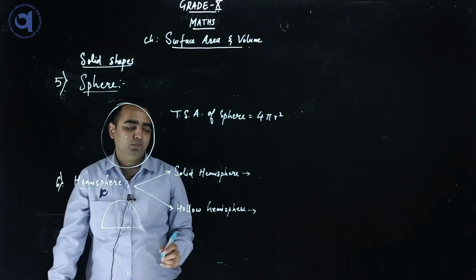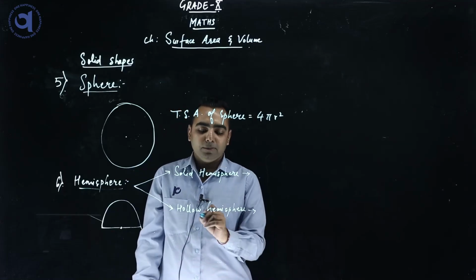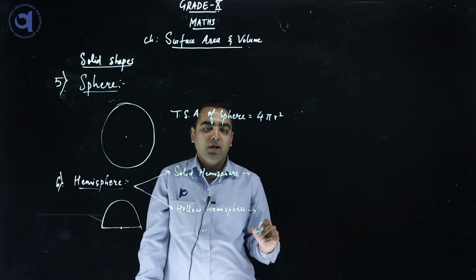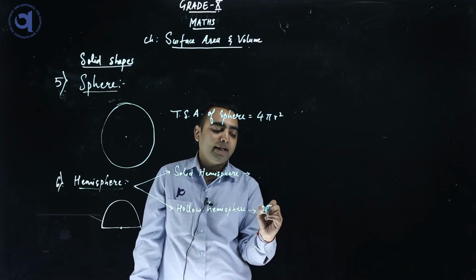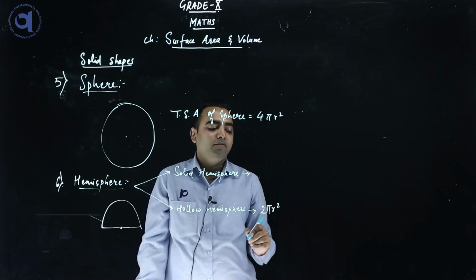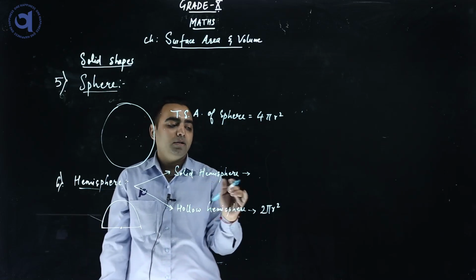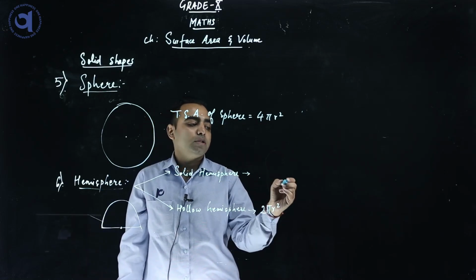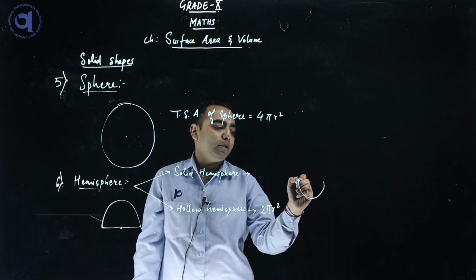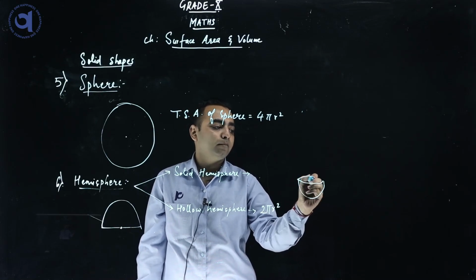Now what are their formulas? For example, if I am solving for a hollow hemisphere, it means 2 pi r square, means we can add something inside it. Now a solid hemisphere is already completely filled, so we have to consider its surface as well. For example, a hemisphere will be like this.